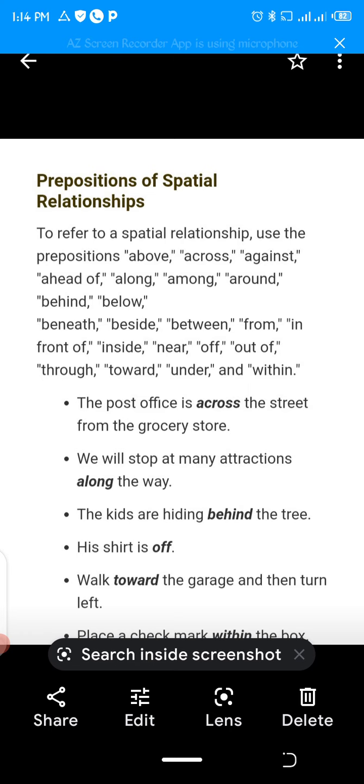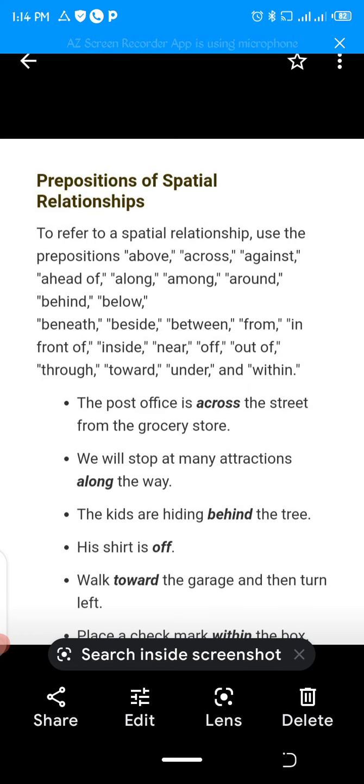For example, the post office is across the street from the grocery store. This across here is telling us the direction of the grocery store. This kind of preposition is called a preposition of spatial relationship.